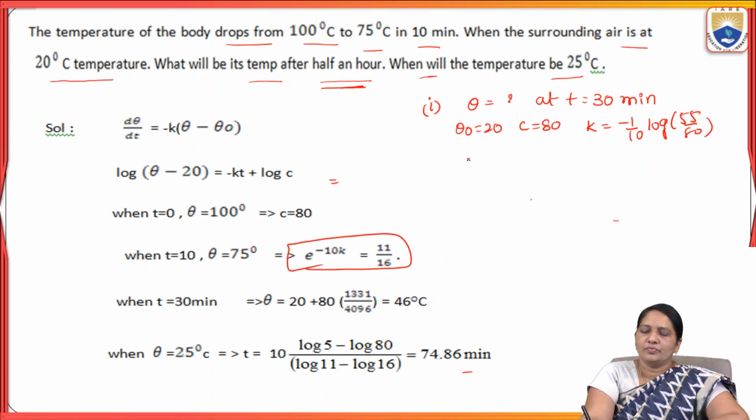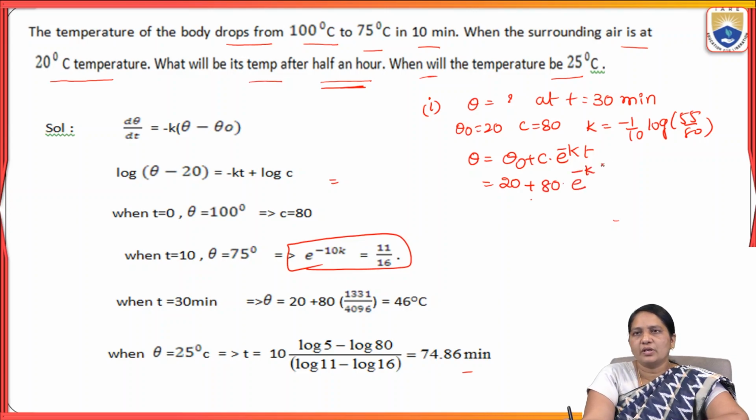So first of all, what is theta? We have to calculate it, right? Theta equals theta naught plus c into e power minus kt. So here theta naught is 20 plus c value is 80 e power minus k into t, and t value is 30 minutes.